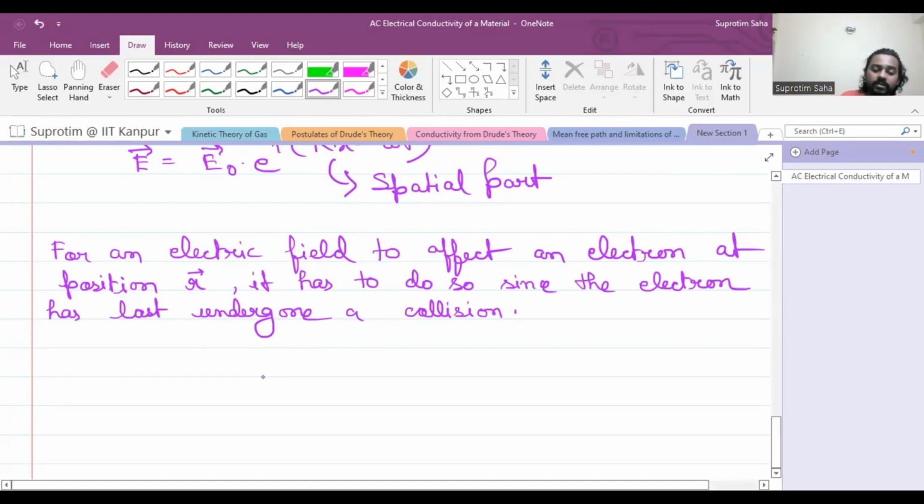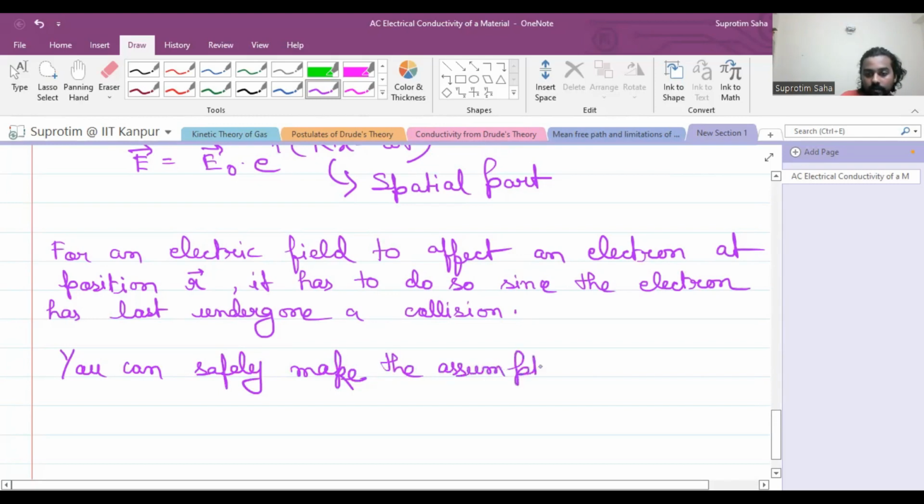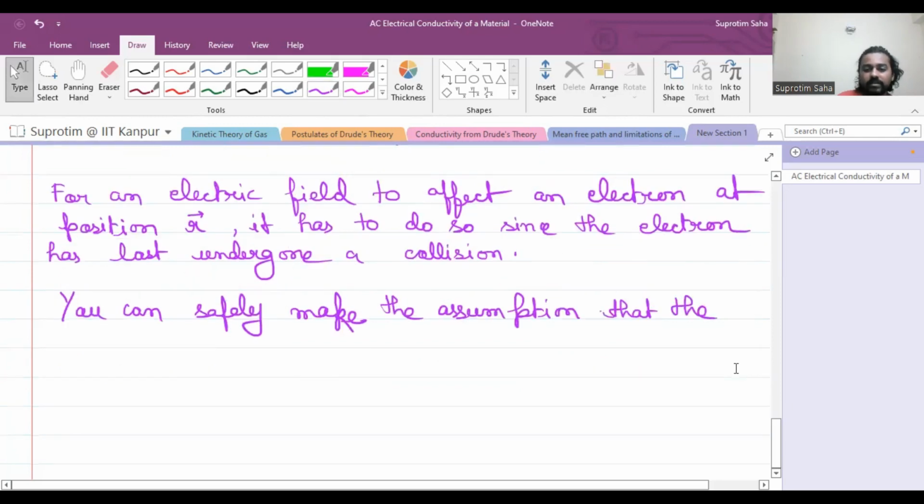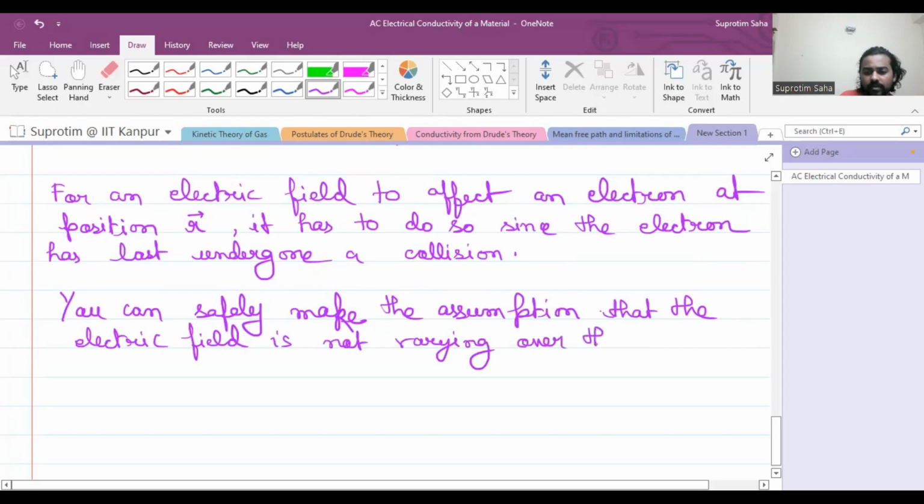So you can safely assume the electric field is not varying over the length scale traversed by the electron.